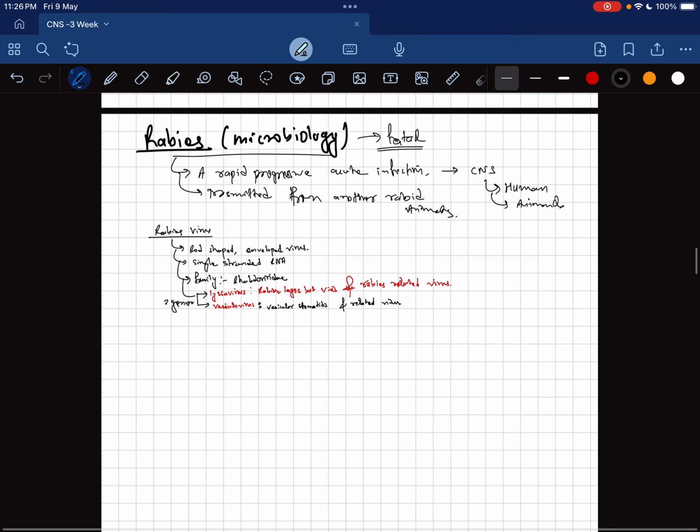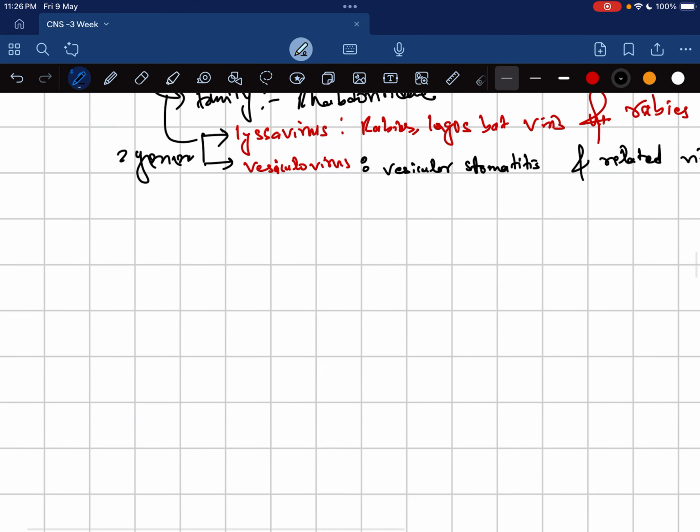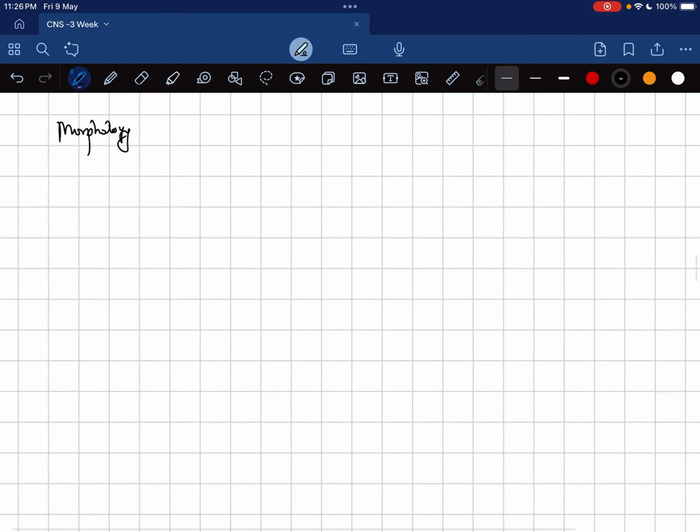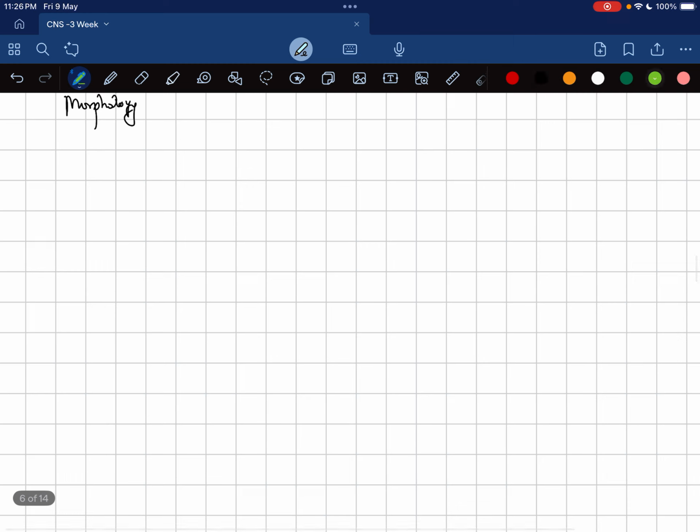Moving on, morphology of the virus. Regarding morphology, this virus is bullet shaped.